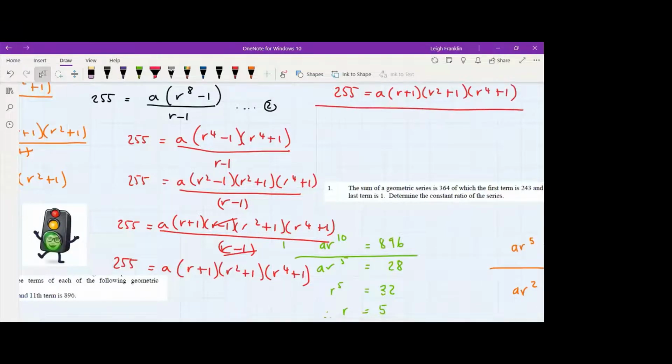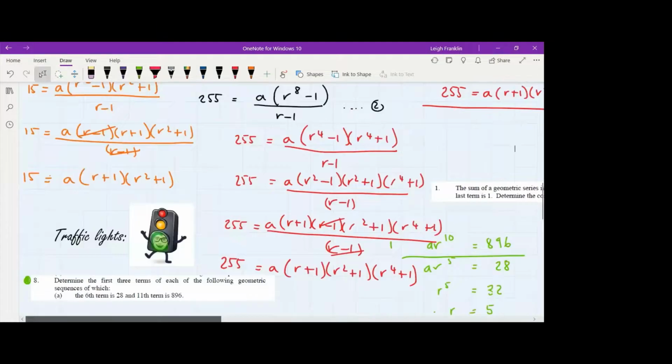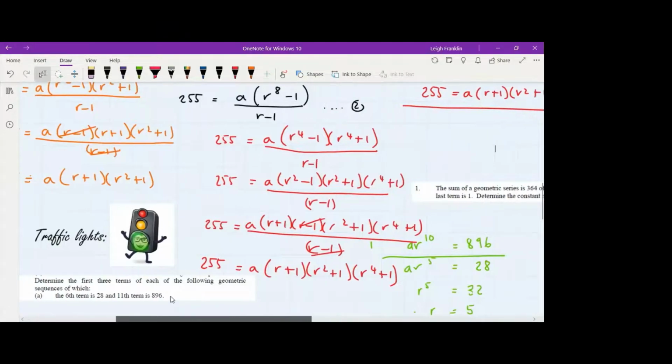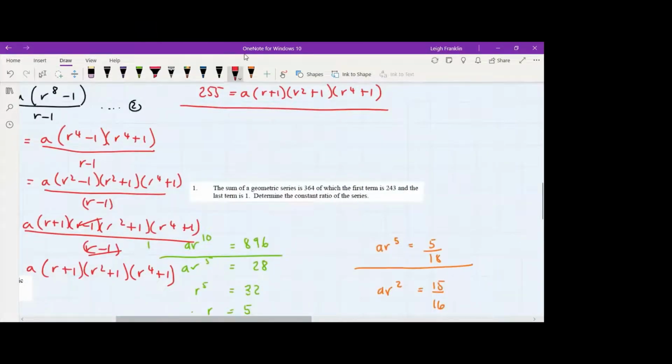And I can divide that by my previous equation, which was 15 equals A, r plus 1 over r squared plus 1.